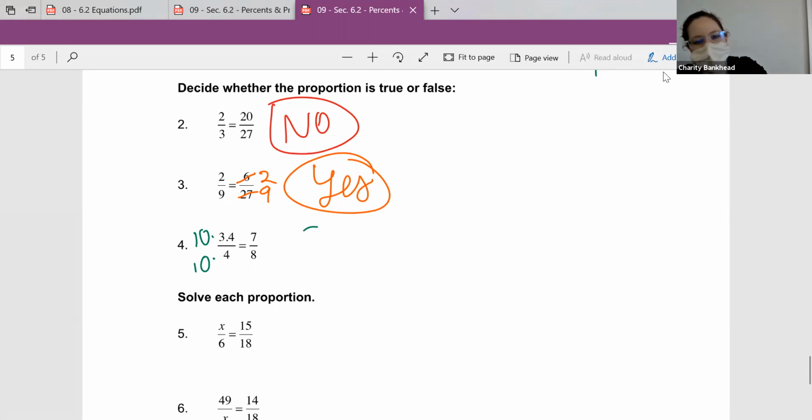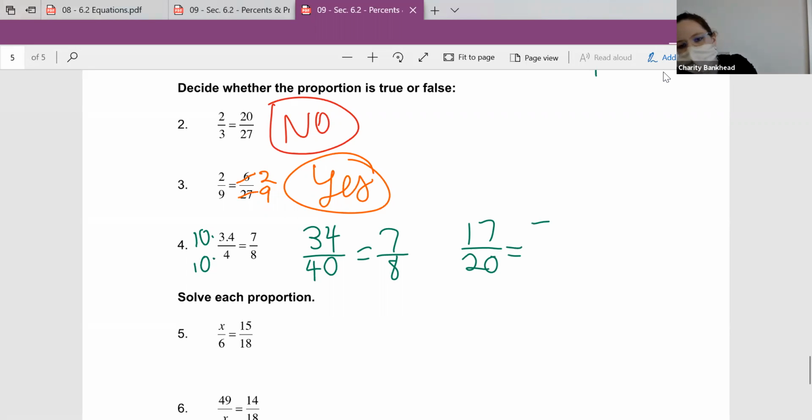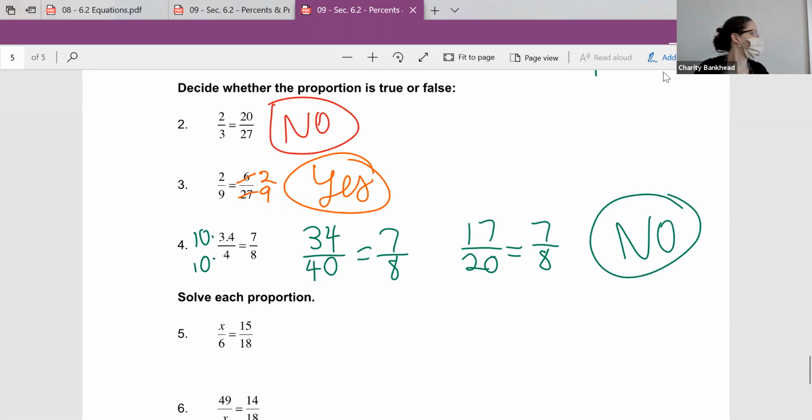So that would make it 34 over 40 equals 7/8. And then we could reduce 34 over 40. We could reduce it by 2 because it would be 17 over 20 equals 7/8. So now 17 over 20, that is fully reduced and it's not 7/8. So that's just a no.